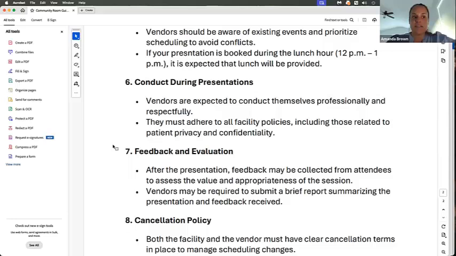And of course, some of our presenters might share a common patient, so it's expected that you don't talk about that common patient in an open setting because it is confidential. If there's ever a conflict like that, then we would just ask that you go speak privately. But that's really all that is.